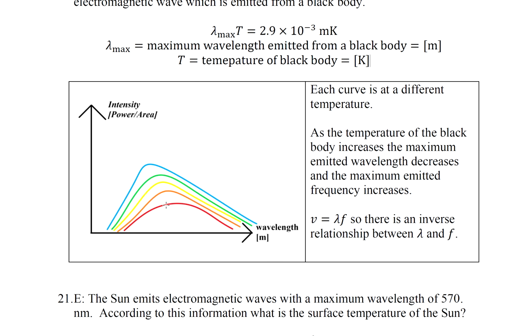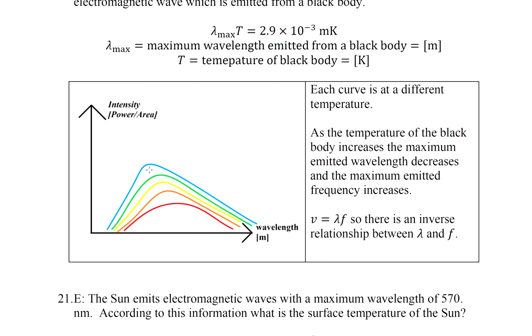So let's just assume this red curve has a temperature of 1000 Kelvin, meaning you have a sphere, it's a black body, it has a temperature of 1000 Kelvin. This orange is 2000 Kelvin, the yellow is 3000 Kelvin, the green is 4000 Kelvin, the blue is 5000 Kelvin.